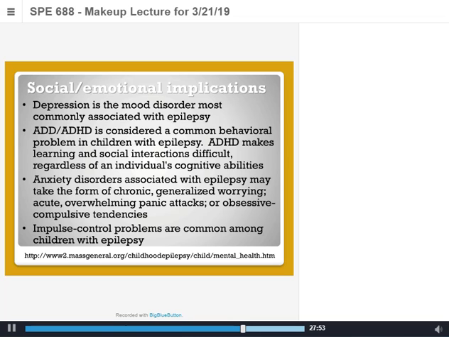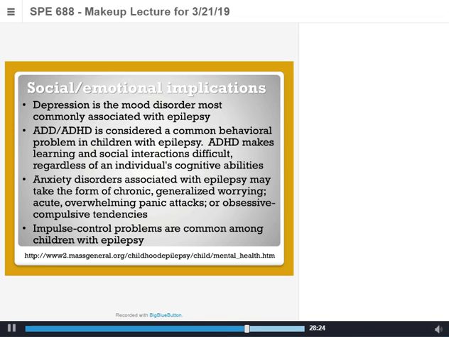The anxiety disorders, there's lots of different kinds of anxiety. When we're thinking about kids with epilepsy, the most common form is just generalized anxiety or generalized worrying. Several kids with epilepsy will have panic attacks or obsessive compulsive tendencies. They get into these little habits and obsessive routines in an attempt to control their environment when they feel out of control because of their seizures.